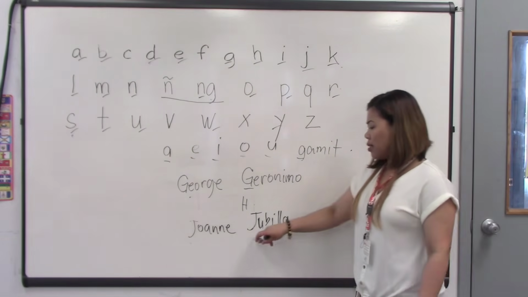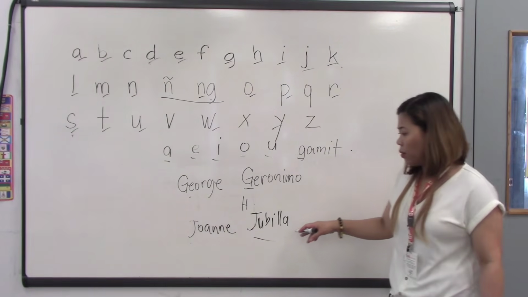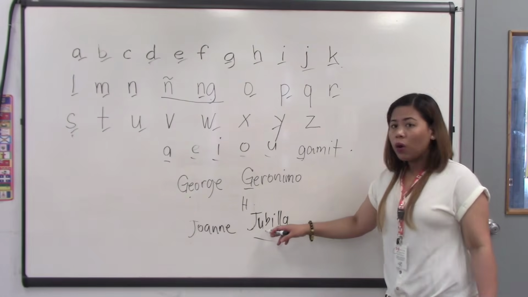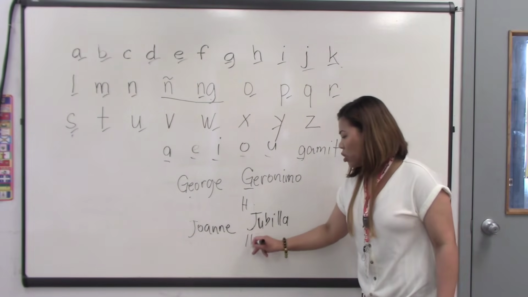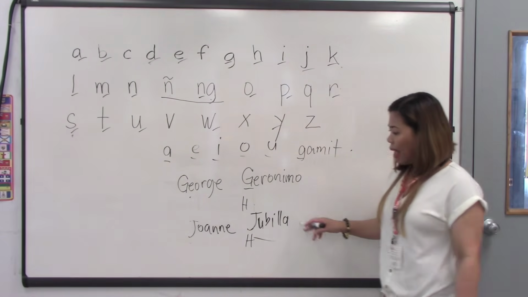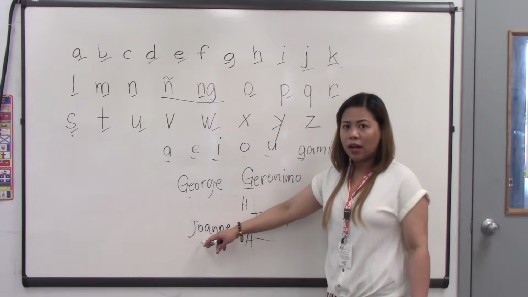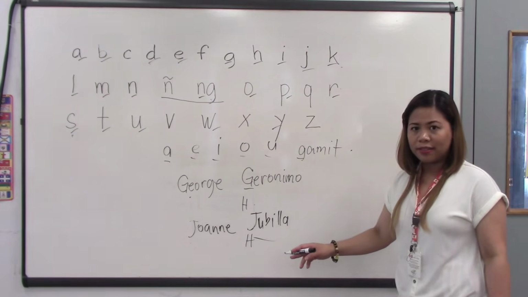Jubilla is a Spanish last name, and it's one of the most common last names in the Philippines. So we say Joanne Hubilla. J here will become an H because it's from a Spanish last name. J in Joanne is from the English first name, so it's pronounced as J.